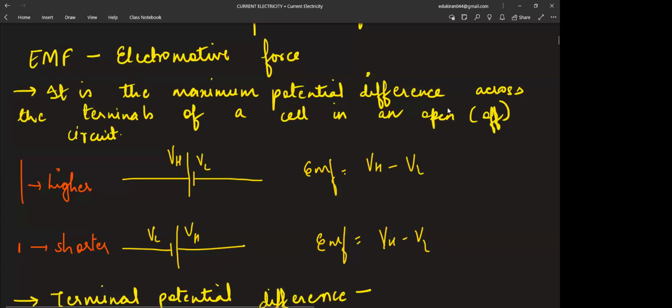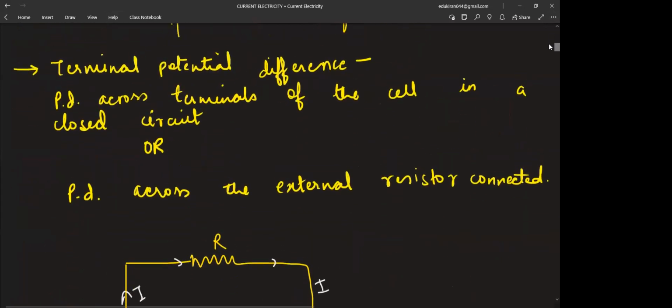Okay, class. As I was saying, the electromotive force was the potential in an open circuit. If the circuit is closed, then we say it's the terminal potential difference.